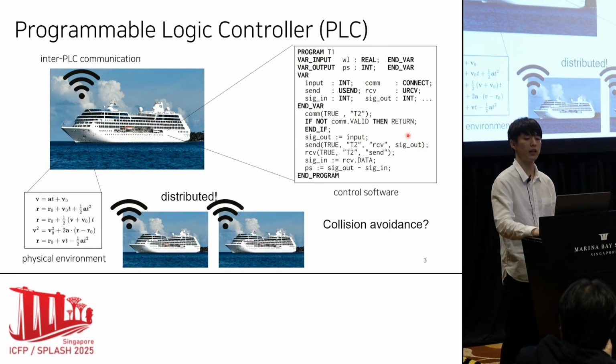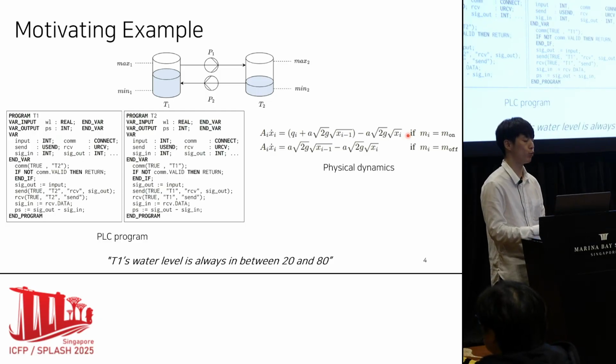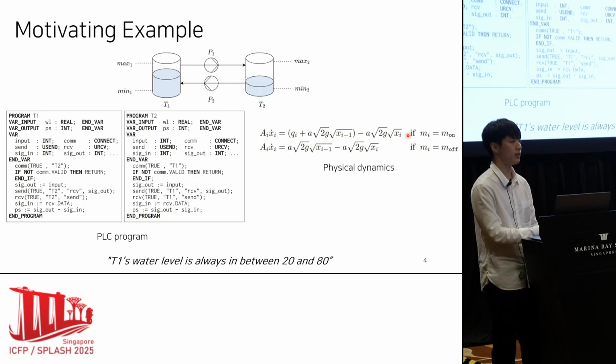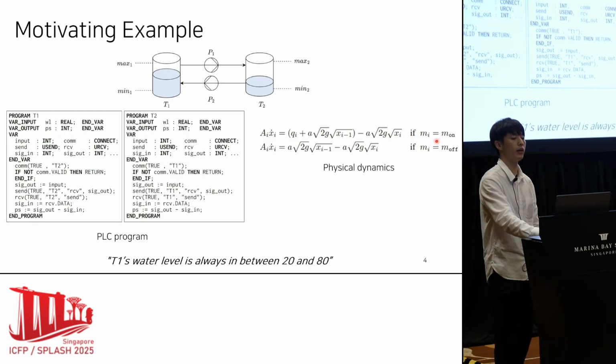their desired locations. Let's take another example of a chemical plant with two water tanks. They basically interchange water based on the user input. The water exchange itself is governed by these ordinary differential equations involving the pipe sizes, pump powers, gravity, and so on.